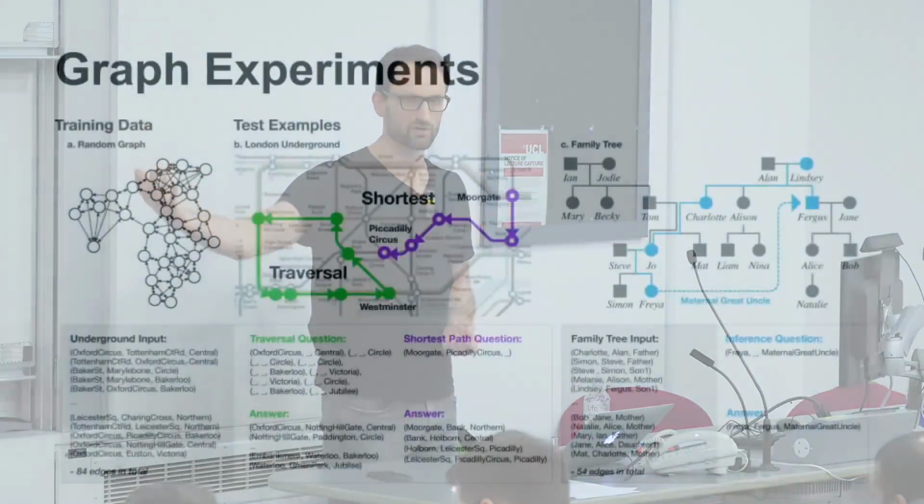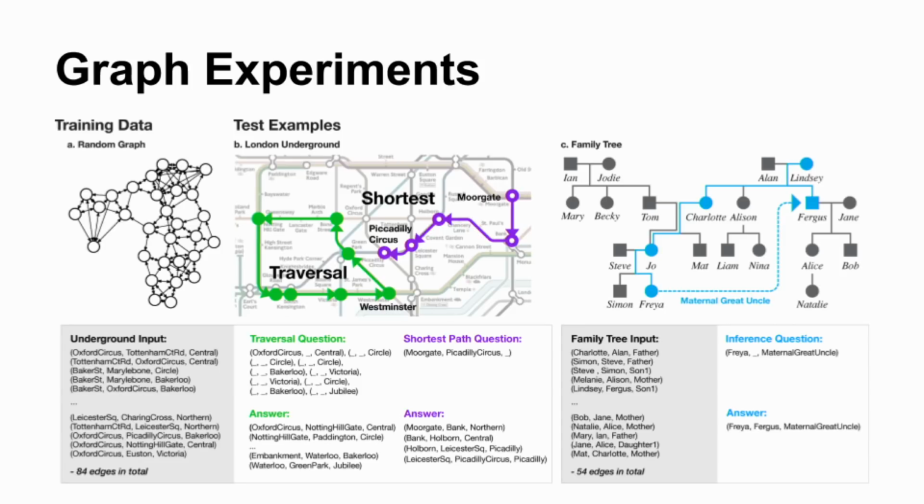But just to demonstrate it, we said, well, look, if we took the London Underground, that's just a specific graph. We haven't trained this on transport graphs. It hasn't seen the London Underground during training. It hasn't seen anything that corresponds at all to transport. It's just completely random graphs.